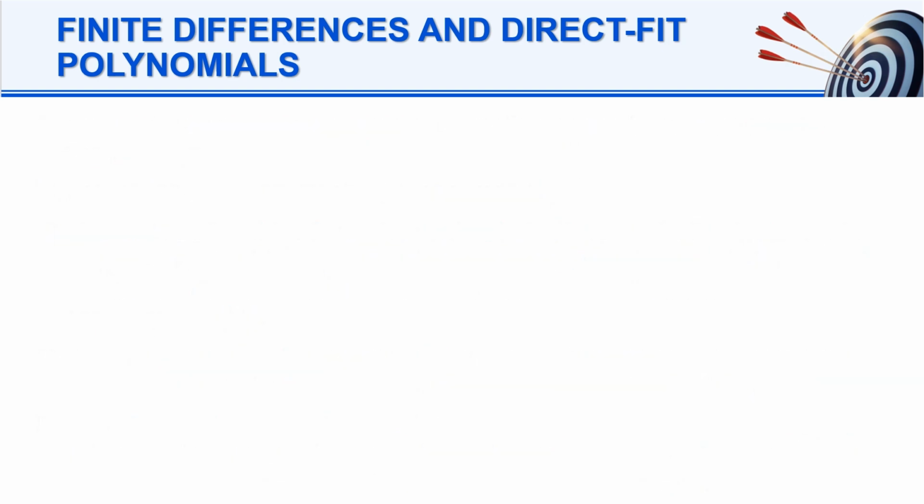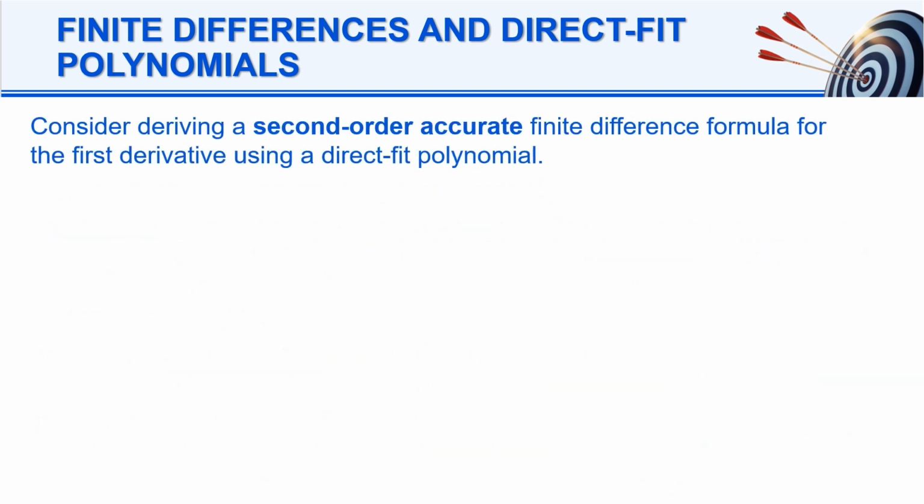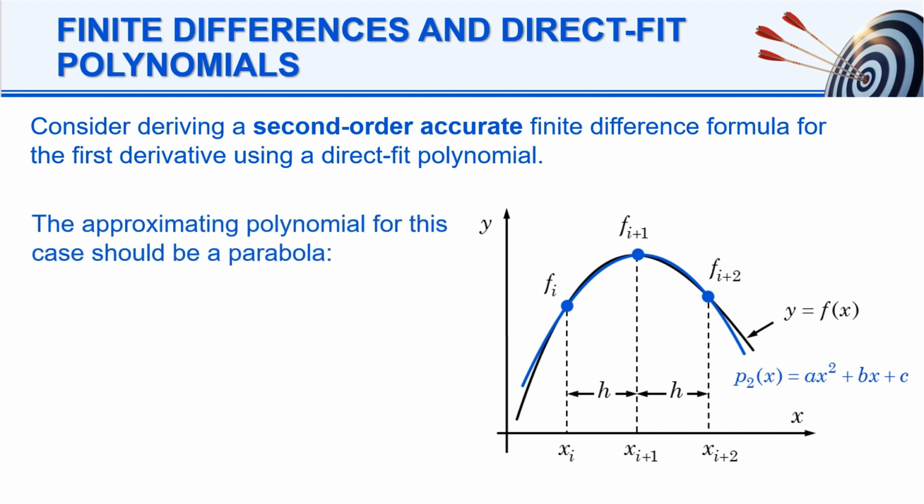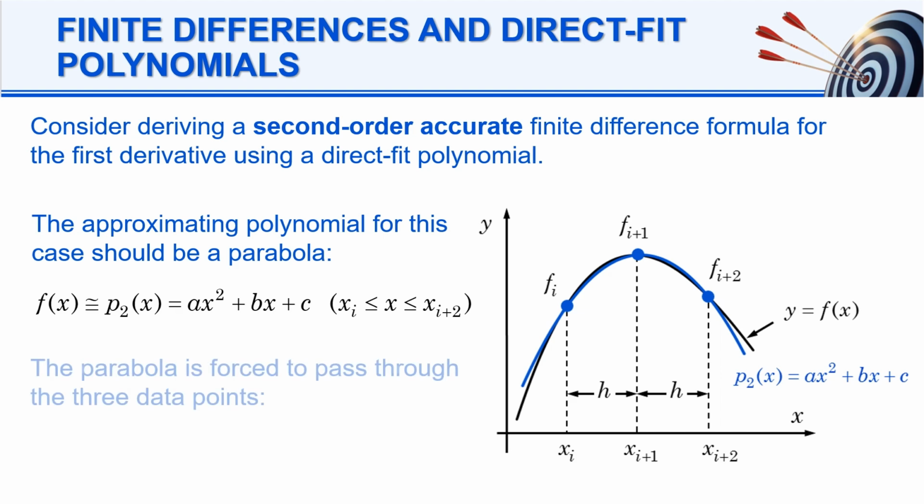Consider deriving a second-order accurate finite difference formula for the first derivative using a direct fit polynomial. The approximating polynomial for this case should be a parabola. Then, the parabola is forced to pass through the following uniformly spaced 3 data points.